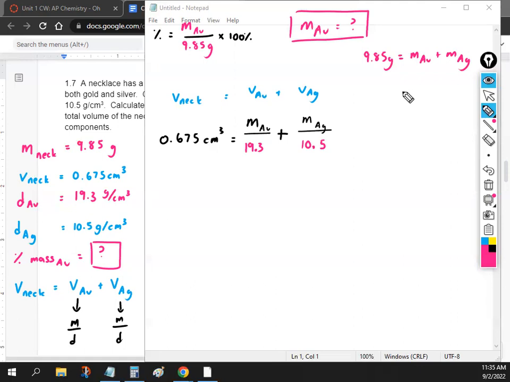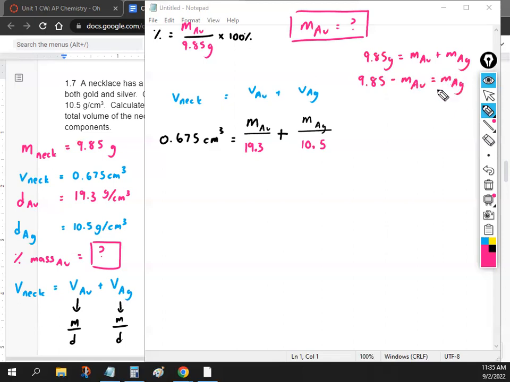And so what we're going to do now is, since we're looking for the mass of gold, we want to replace mass of silver with mass of gold, right? That way we're only working with one variable, because you can't solve a two-variable algebra problem. So we got to replace this with mass of gold. So we can rearrange this equation right here into 9.85 minus mass of gold is equal to the mass of silver.